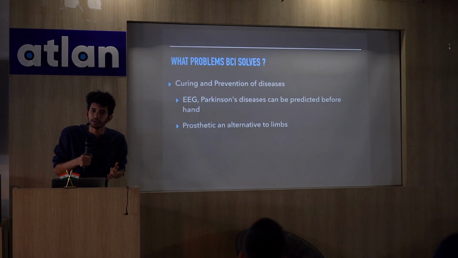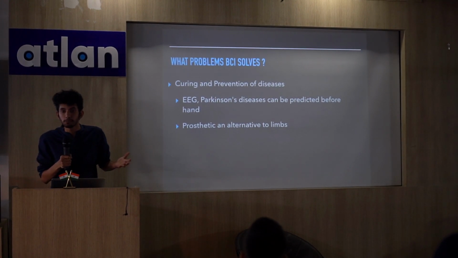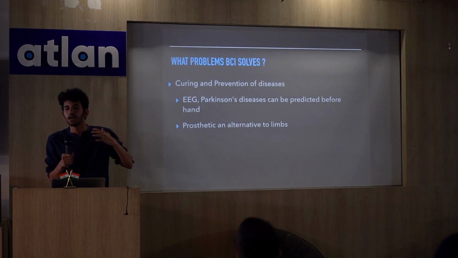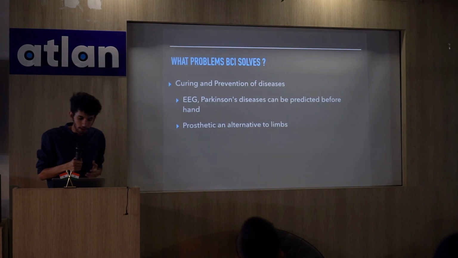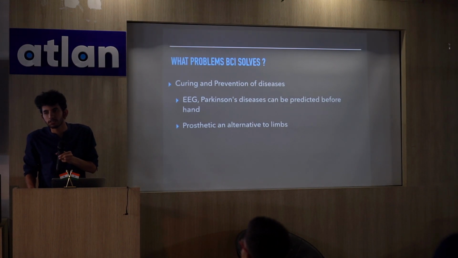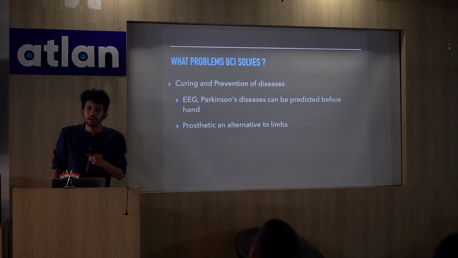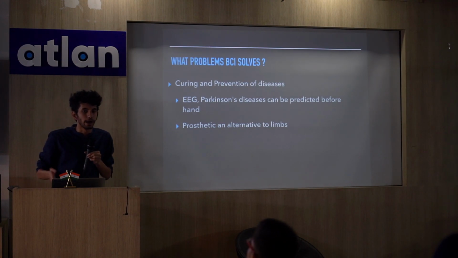Parkinson's disease is again a disease that originates from the brain. You have different levels of Parkinson's disease, and BCI can help you detect it and prevent the extremities of the disease. And as I explained previously, prosthetics. When I want to move my hand up, I pass a signal from my brain, and my hand moves up.